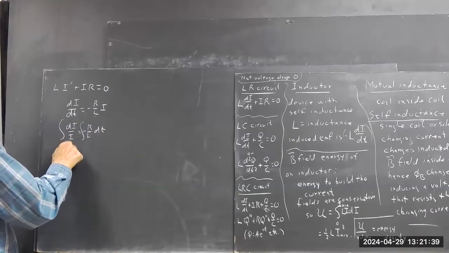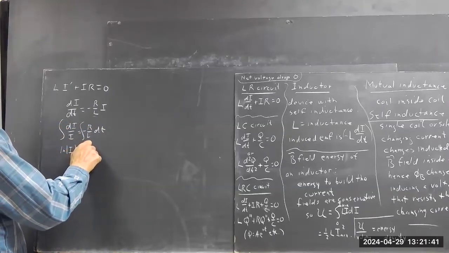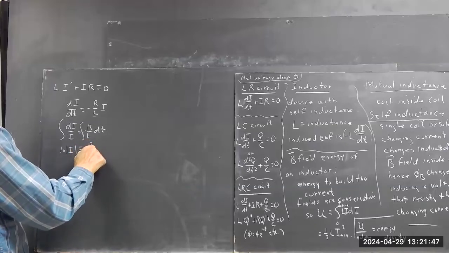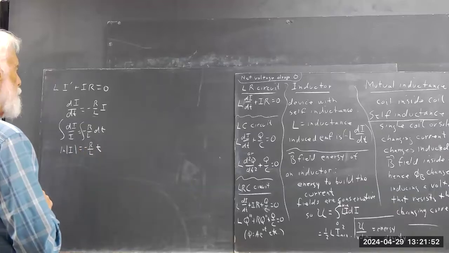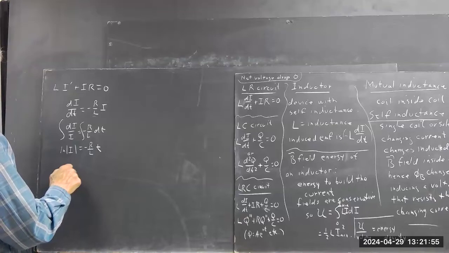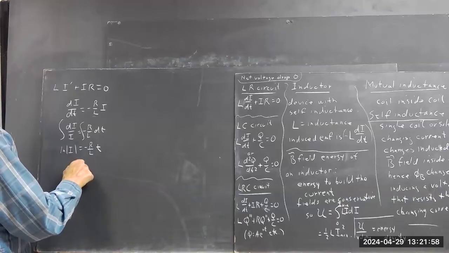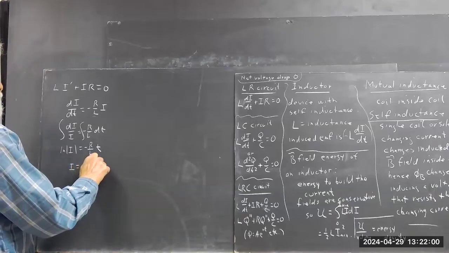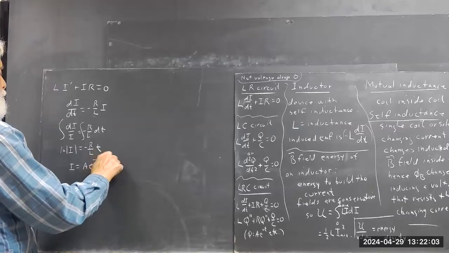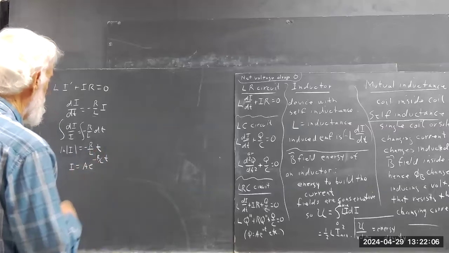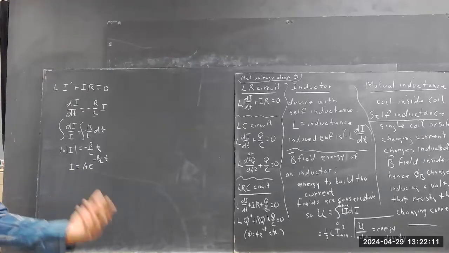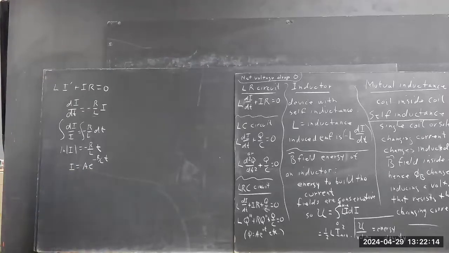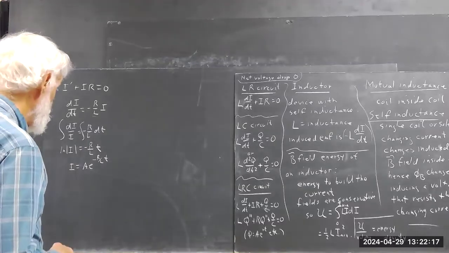We get natural log of the absolute value of I equals negative R over L t, which means that I equals A e to the negative R over L t. If your calculus is so rusty you don't recognize that, review it. Fundamental. Comes up again and again. You're going to see it again.